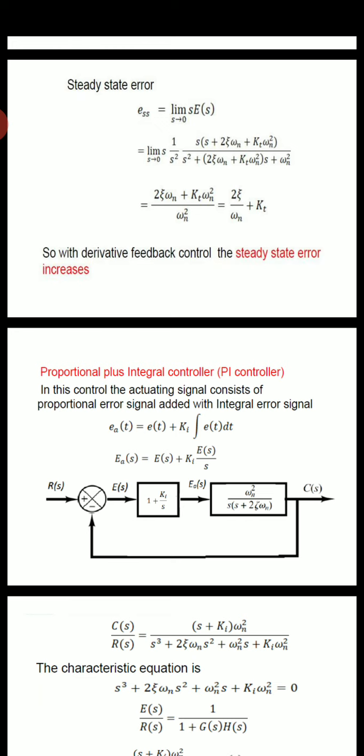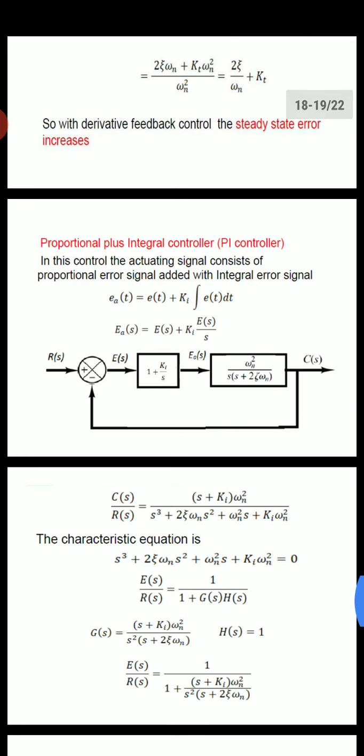A(t) = E(t) + Ki ∫E(t)dt. A(s) = E(s) + Ki E(s)/s, because if you integrate E(t), you get E(s)/s. That is the diagram for the PI controller.